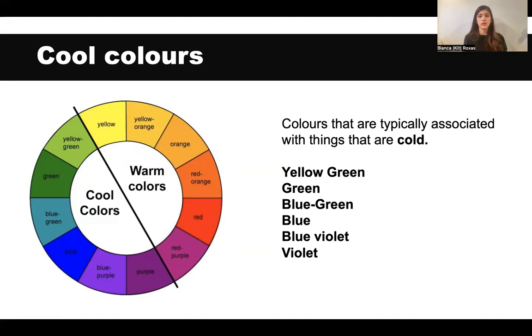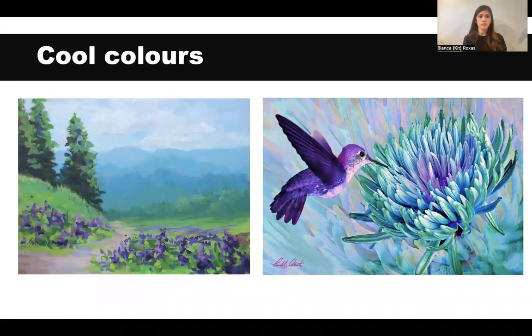So cool colors are colors that are typically associated with things that are cold. So yellow-green, green, blue-green, blue, blue-violet, and violet. They are the colors that are considered as cool colors. So as you can see on these sample artworks, on the left, we have blue, blue-green, green, purple.